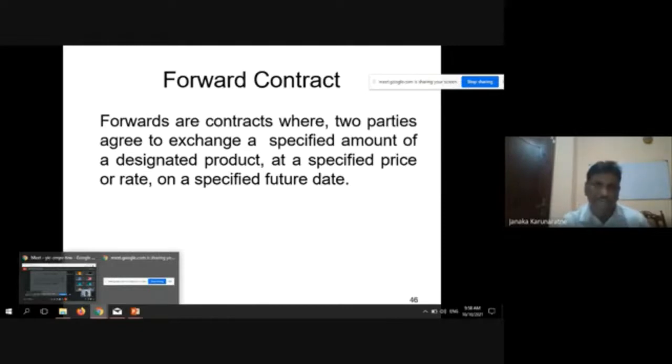They will find a matching party for you, right? Then you can hedge your position exactly the manner in which you want. If you can find a partner who wants to take the opposite position in 2 months' time, that's the advantage. So it's tailor-made, customized. So what is the disadvantage?